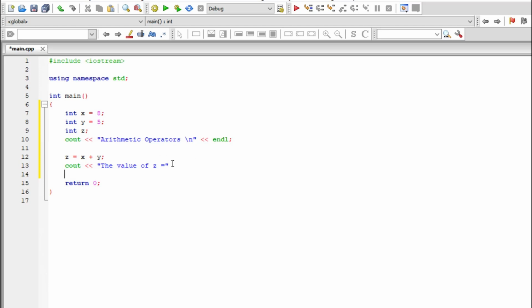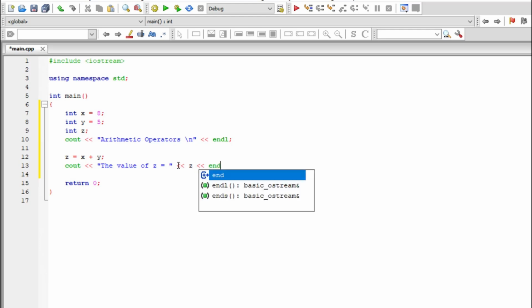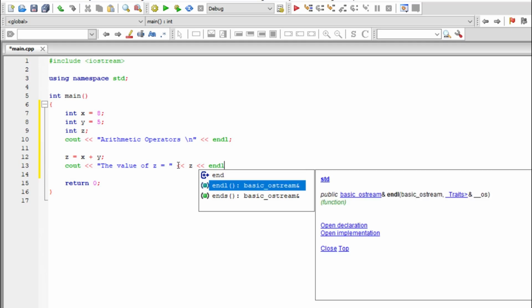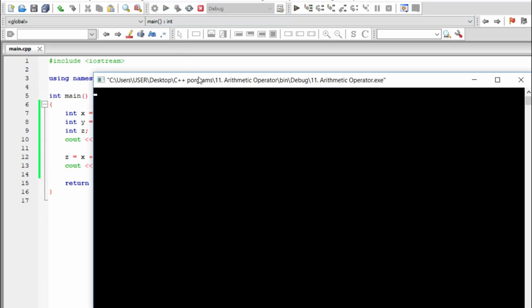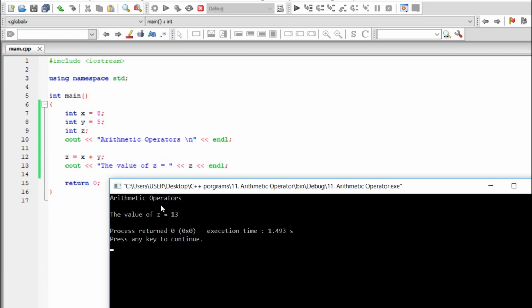Let's give a space right in here, close this and give z, then call out the endl. If we run this, let's check out the value of z. The value of z is 13. 8 plus 5 is 13.